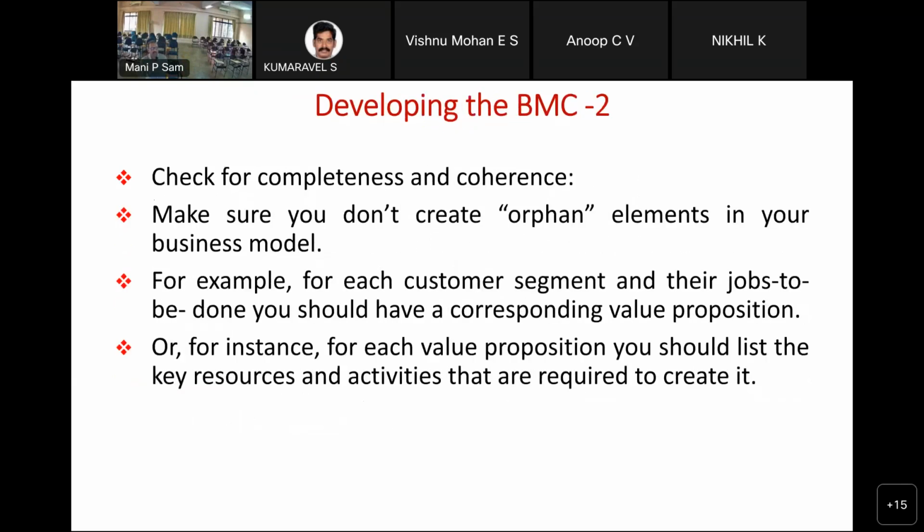Second thing is check for completeness and coherence. What do you talk about when you talk about a customer segment? What kind of customer relationship can be expected by that customer segment? Which channel will enable you to offer that kind of customer relationship and also deliver your product?